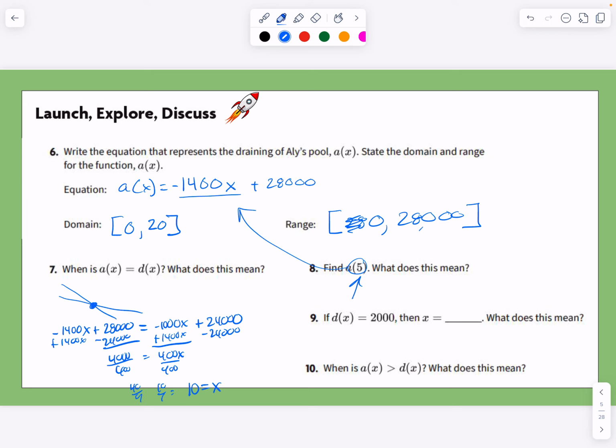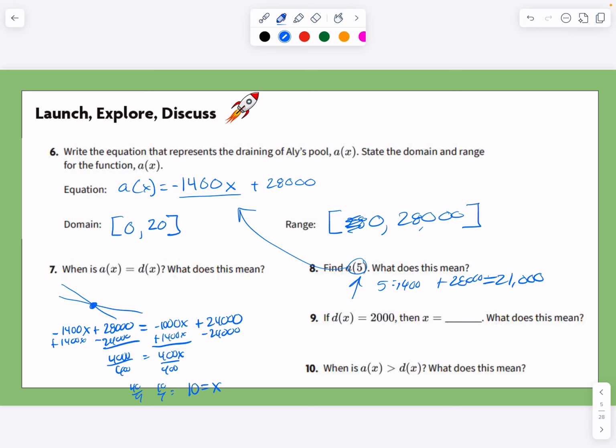That means how much water was in the pool 5 minutes after you started draining it. So you do 5 times negative 1400, multiply that out, and then you add that to your starting value. And when you do that, you come up with 21,000. So that's where that's going to be.